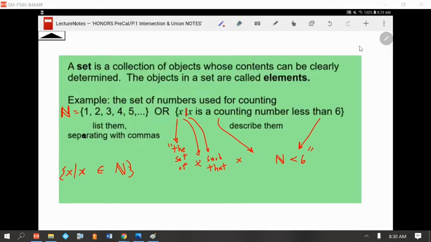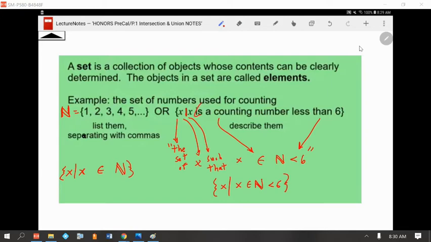So over here, I can get rid of the "is in" and write the set of X such that X is an element of the natural numbers less than 6.